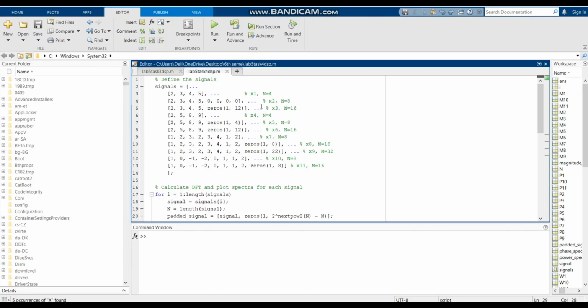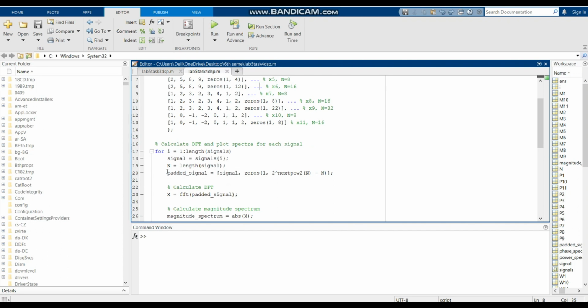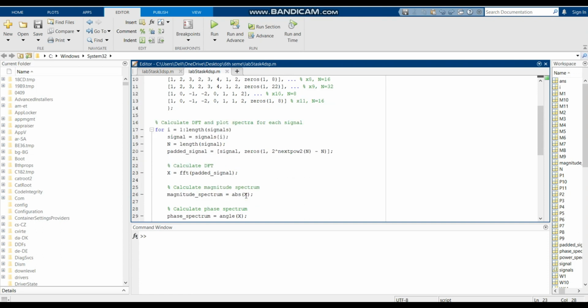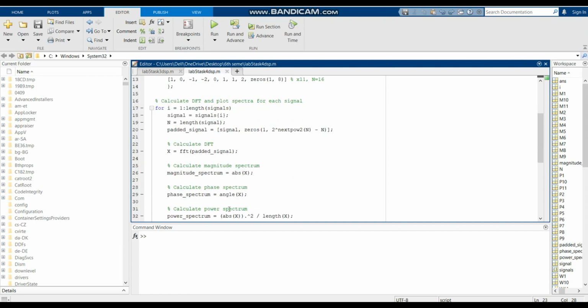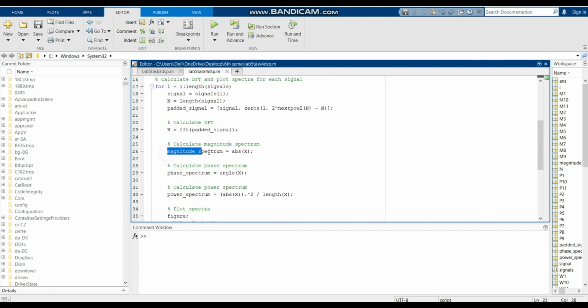This MATLAB code defines a set of discrete signals, each with different lengths and zero padding at the end. It then iterates over each signal to calculate its discrete Fourier transform using the fast Fourier transform algorithm. It then computes and plots three spectra, which are magnitude spectrum, phase spectrum, and power spectrum.